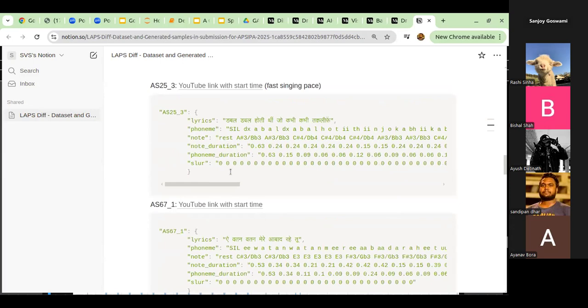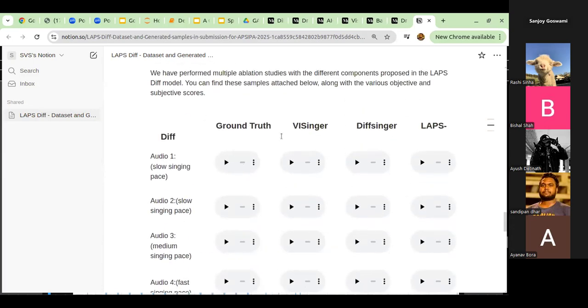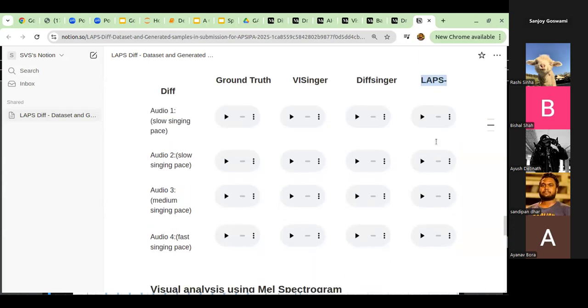Now we have generated some samples. Let me play them. These are the baselines, which are already available models, and these are the proposed ones.